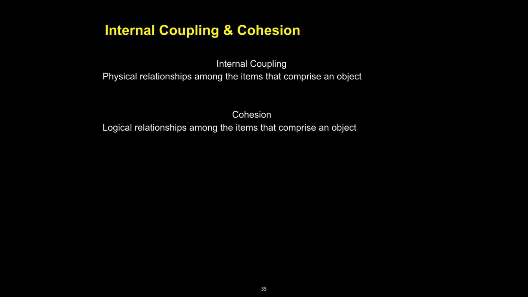And so he talks about when we have a class, we can talk about how well things fit in that class, and that's cohesion. How cohesive is it? Do things belong there or not? But he also wants to talk about internal coupling: things inside a class interact with each other, and so they become intertwined, and when they interact, that's coupling.